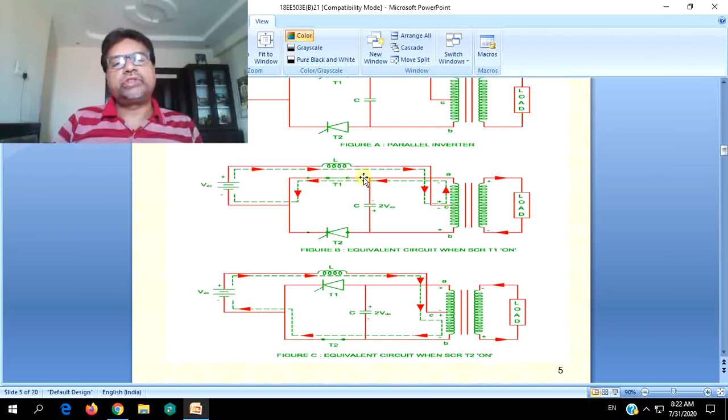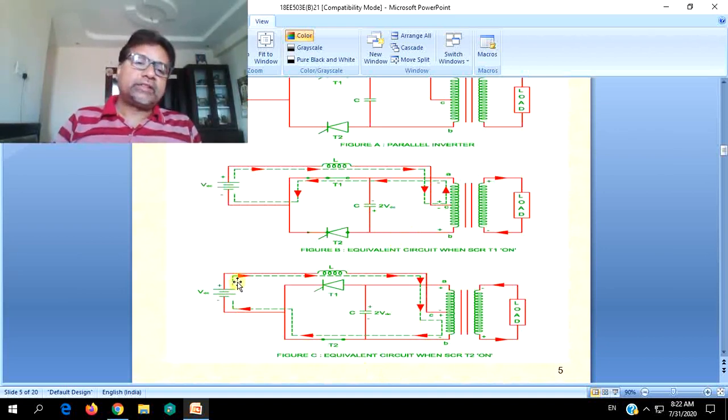Because of the opposition of the current, or reverse biased voltage applied across T1, it gets turned off, because of the capacitor voltage applied in reverse. And this happens till the capacitor discharges and its voltage becomes equal to VDC and lower than VDC.